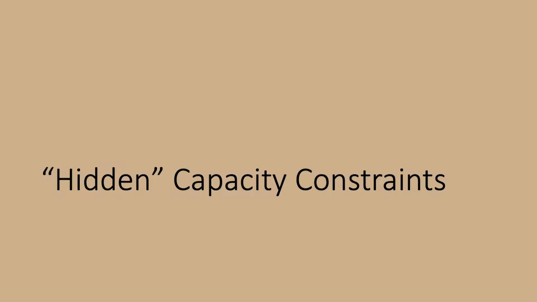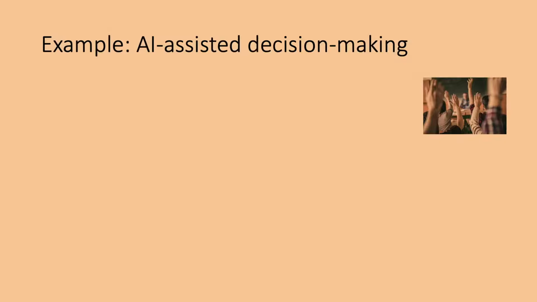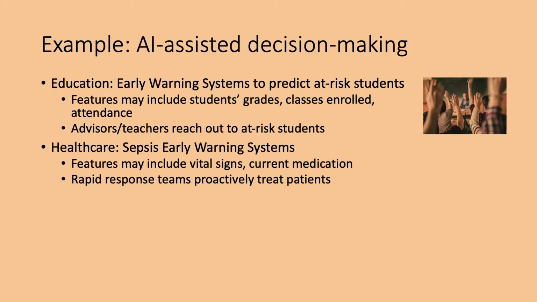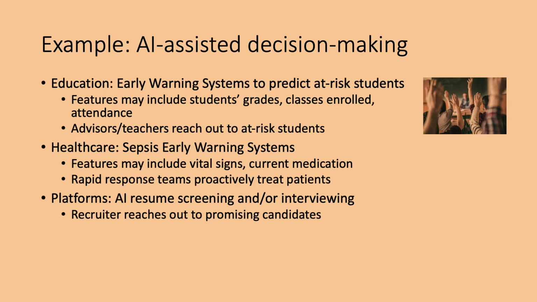But oftentimes, we have capacity constraints that aren't as salient, that are a little bit hidden. These are settings like AI-assisted decision-making, where in education, maybe you have early warning systems that predict who the at-risk students are, and then advisors are supposed to reach out to them. Or in healthcare, we talked about the sepsis early warning systems. You predict the at-risk patients, and rapid response teams will then reach out to these people. You can also think about platform AI screening tools.